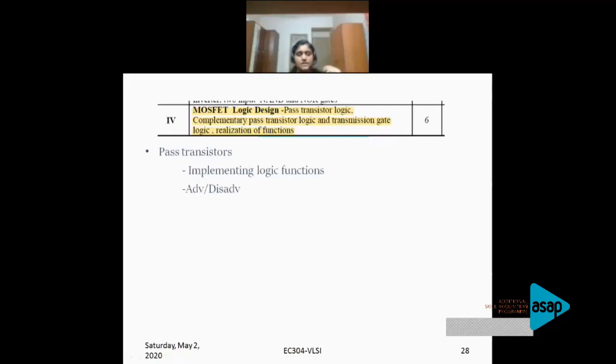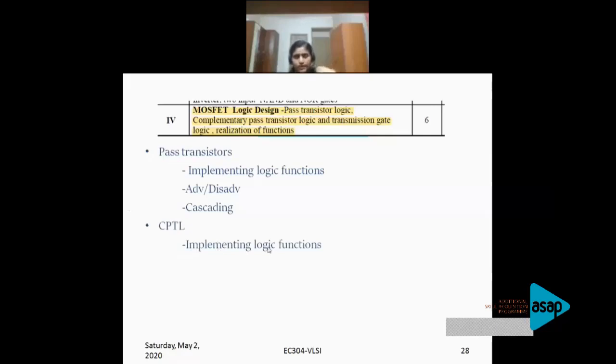So in pass transistors, what we have seen is how to implement the logic function, the characteristics of pass transistors, as in the advantages, disadvantages, and also the cascading, how you can connect the pass transistors. That point we have seen in the first part, that is part 1 of VLSI module 4. And also you've seen the complementary pass transistor logic, where you've just seen how to implement the logic function, right?